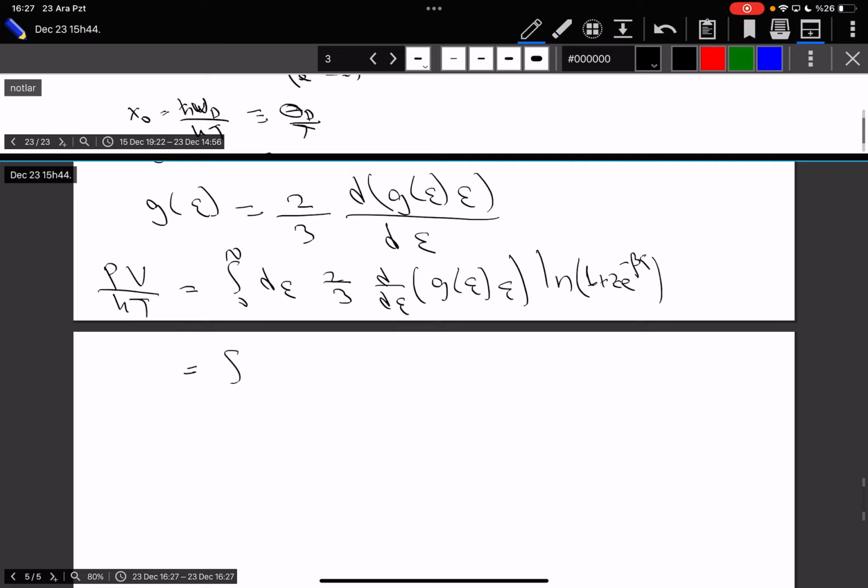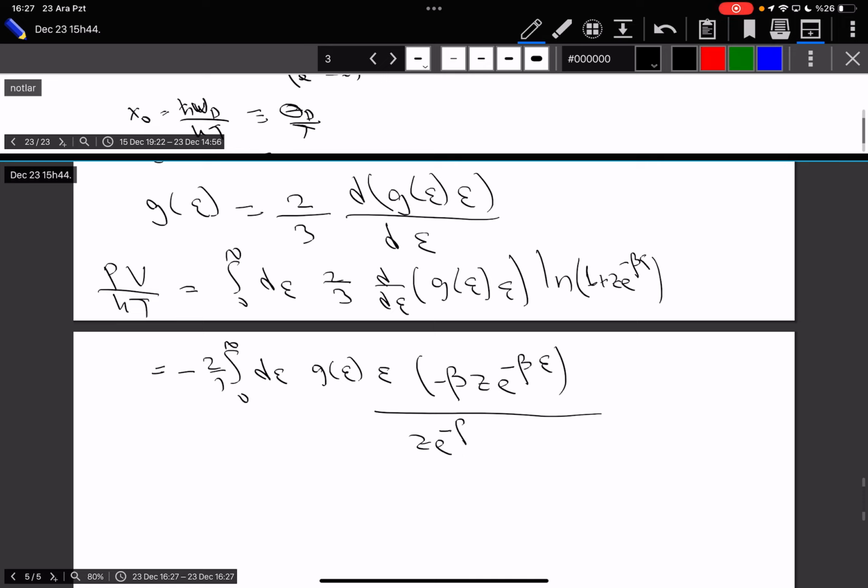I will only have minus 2/3 from 0 to infinity d epsilon G epsilon epsilon times the derivative of that logarithm with respect to epsilon, which is minus beta times Z e to the power minus beta epsilon divided by 1 plus Z e to the power minus beta epsilon.